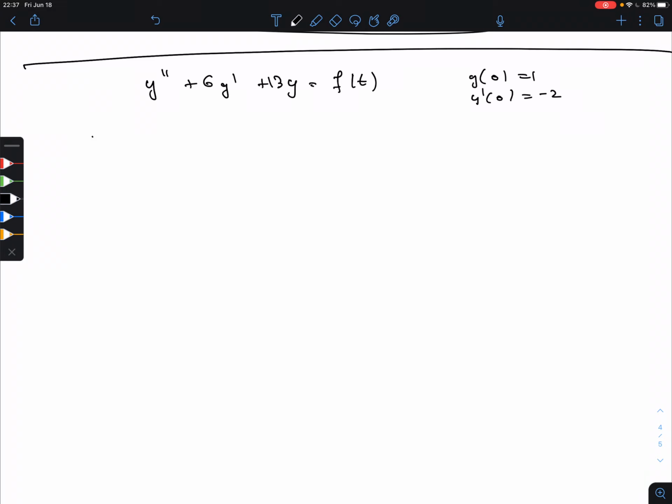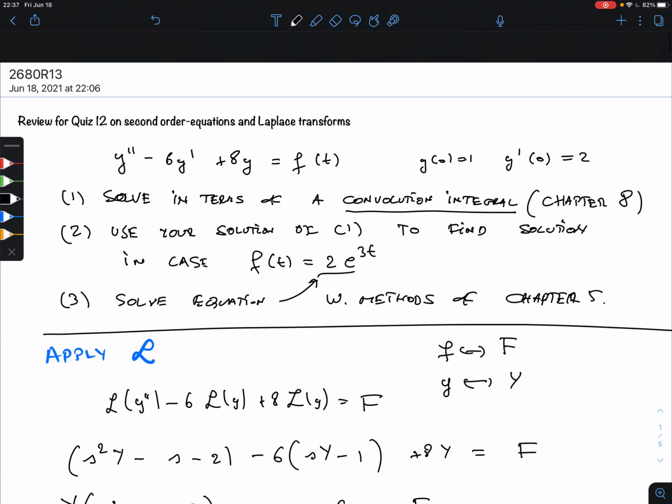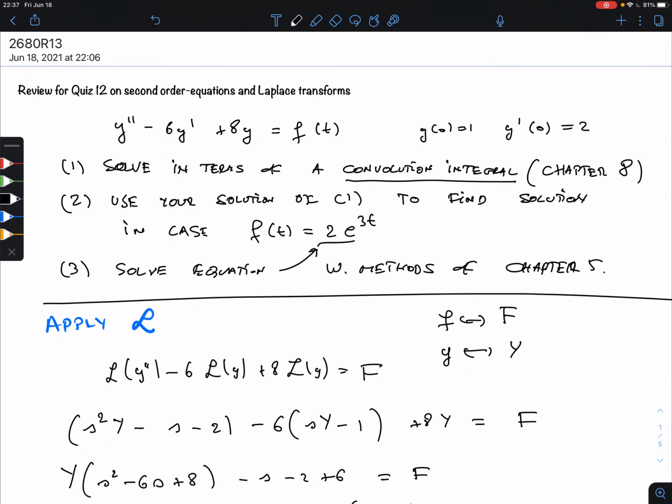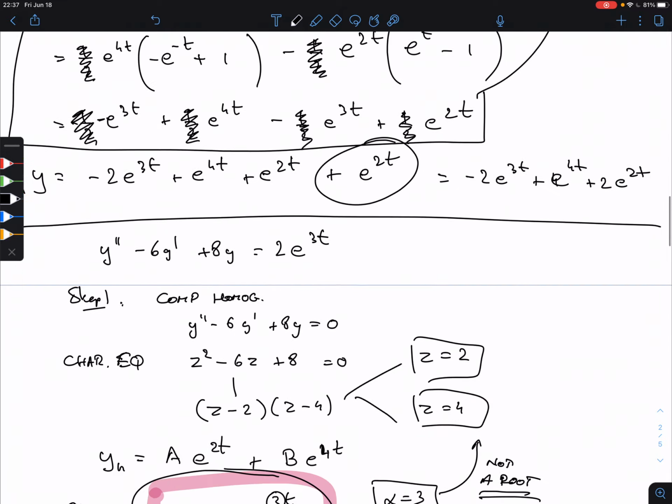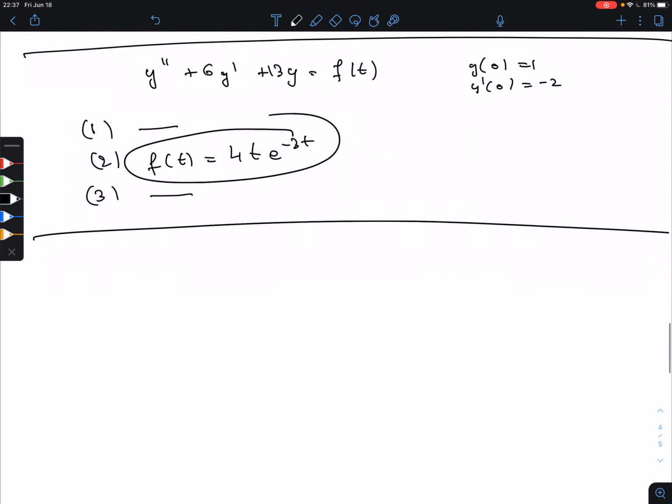Okay, and so that is A1, solve this. 2 is now do this for f(t) equal to 4t e^(-3t), and then 3 is again the same questions. I'm not copying them anymore, but with a different forcing function. Okay, so now my forcing function is this one. But I first have to do it with the general forcing function. So in the first one, I have a capital F here.